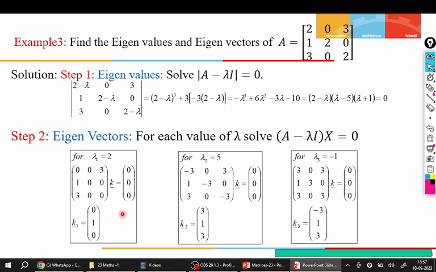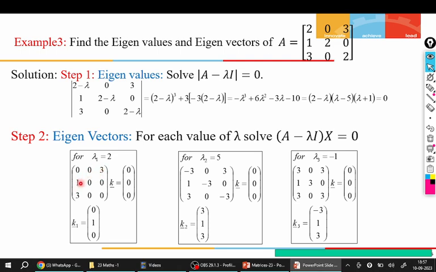In that case, remember, the last equation directly gives 3x3 is 0, so x3 is 0. Similarly, the first equation gives 0x1 plus 0x2 plus 3x3 equals 0, so x3 is 0. The last equation gives 3x1 plus 0x2 plus 0x3, so x1 is 0. So x1 and x3 are 0. Obviously you can take the first and second equations also.